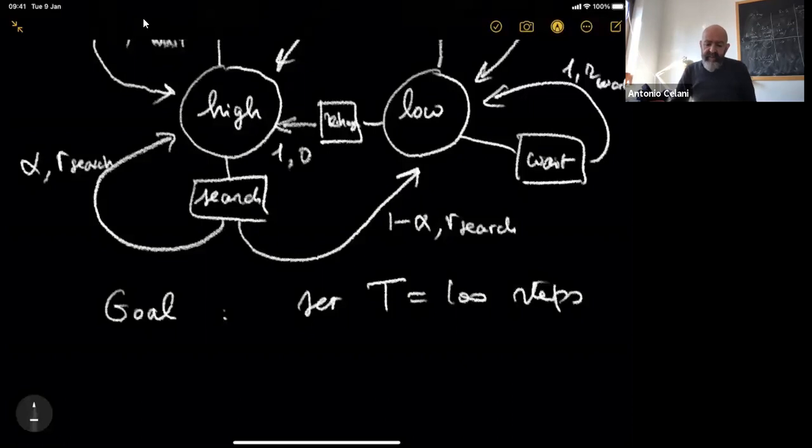Very good. So at the end of today's lecture, basically we will have a way to approach this problem operationally and to find out what the actual policy is. I can tell you from the beginning that the algorithm that we will come up with is very simple. But even in a simple case like this one, the one that I depicted, you cannot find the optimal solution analytically.